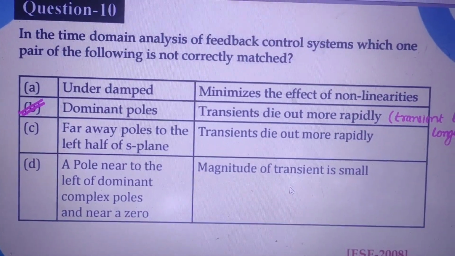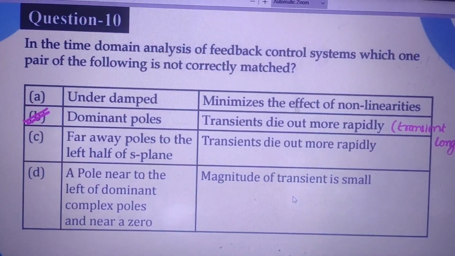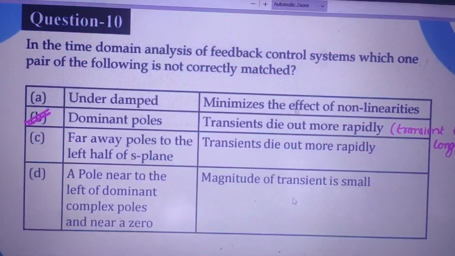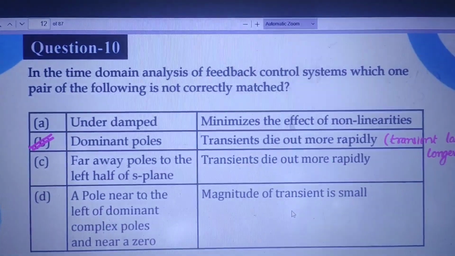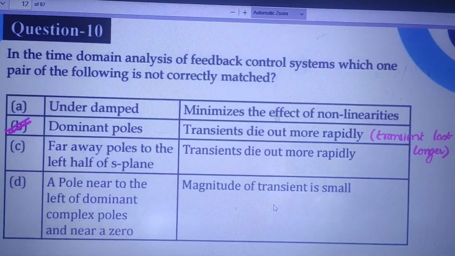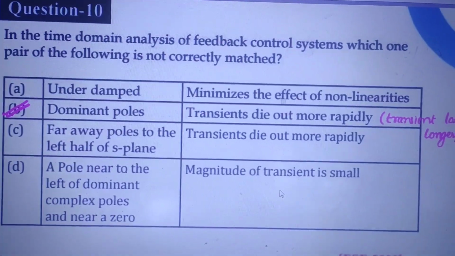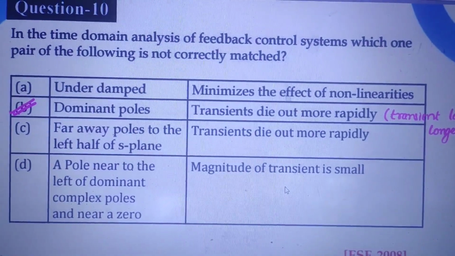So it minimizes the effect of non-linearities. It is correct. Dominant poles. Here he has given transients die out more rapidly, which is wrong. Transients will take more time to die, so it will last longer.